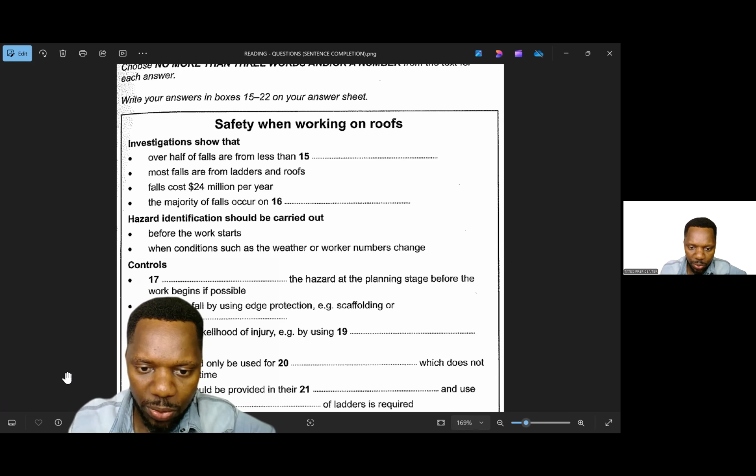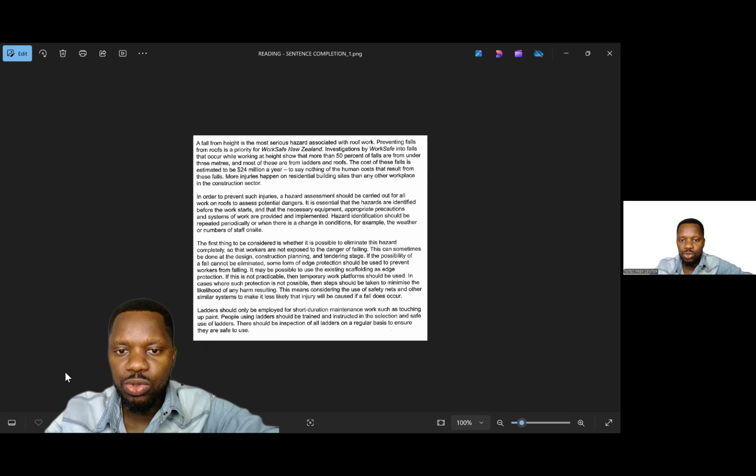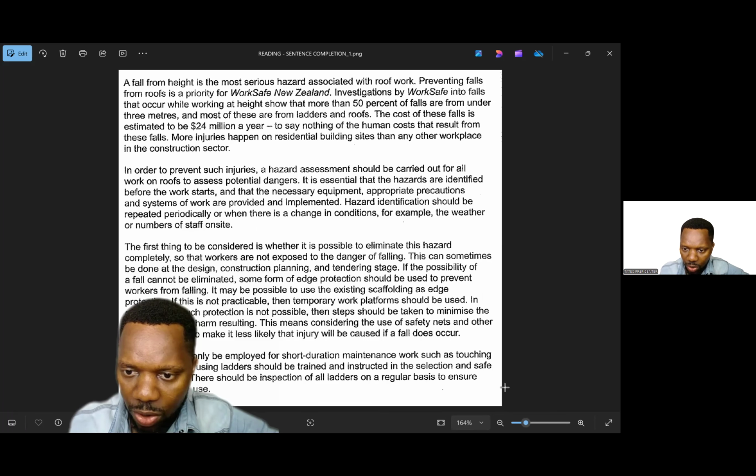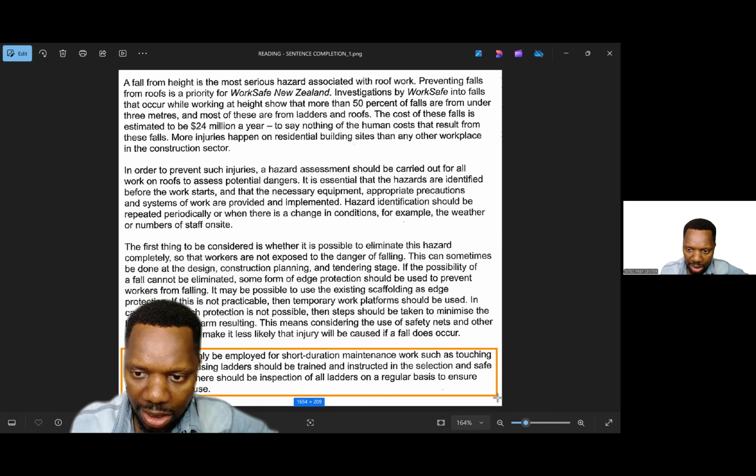Then training should be provided in their dash and use. Regular dash of ladders is required. So let's quickly go to the paragraph that talks about ladders. Here we go. So this is the paragraph.